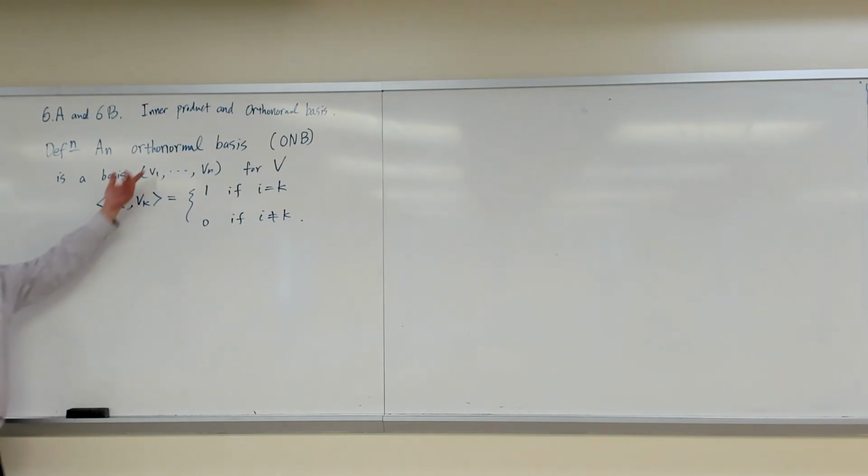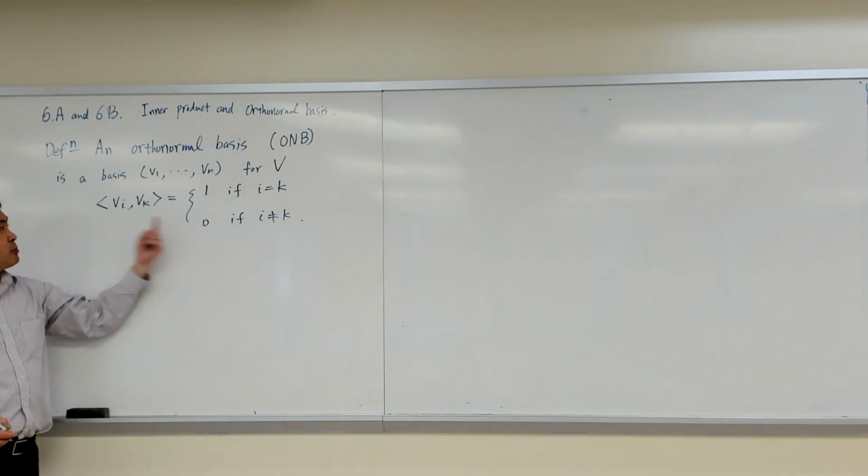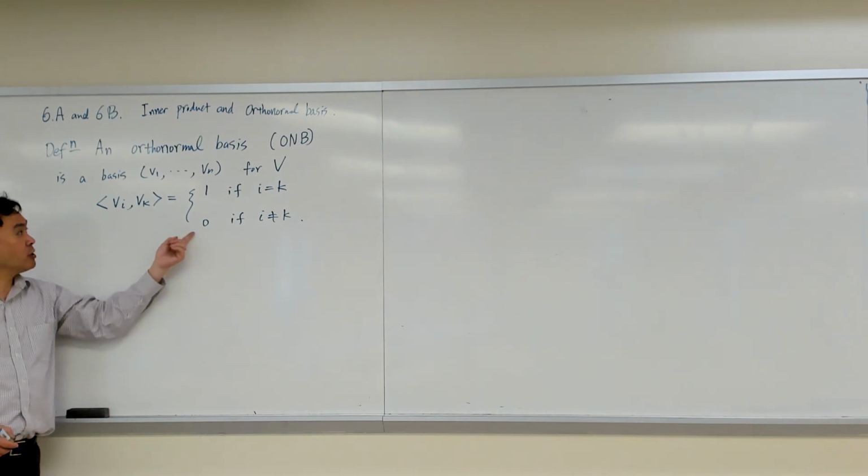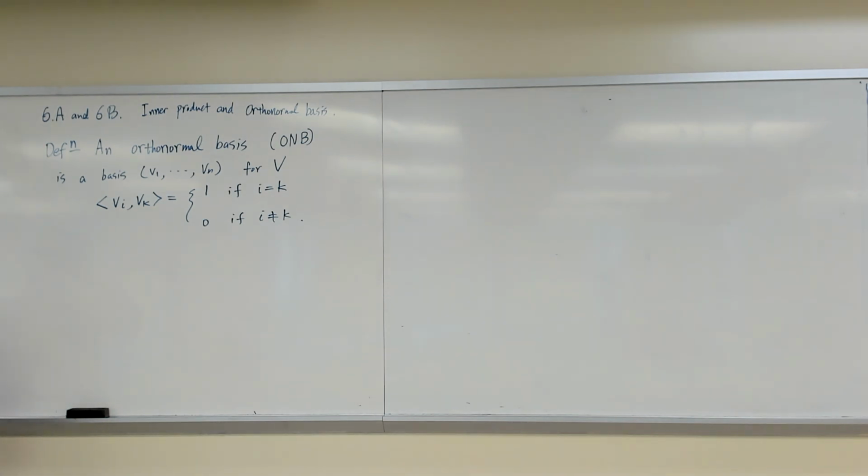And the ortho part comes from the 0, meaning that if you have two different vectors, their inner product is 0, and as we said before, if the inner product is 0, that means they're orthogonal.